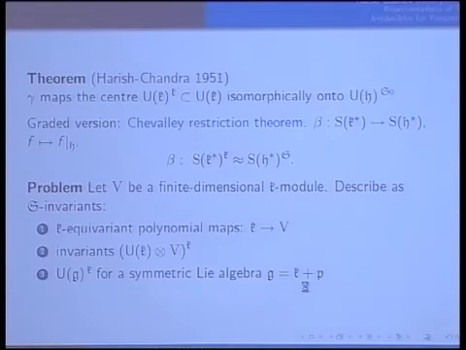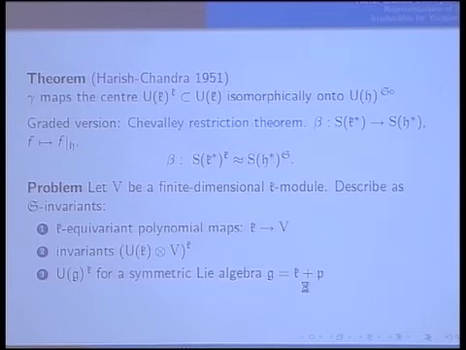The essential part of this theorem is actually the graded version, which is called the Chevalley restriction theorem, which says that once you restrict an invariant function on the Lie algebra to the Cartan subalgebra, you get a W-invariant function, and this is a bijection. Now I would like to look at an obvious generalization of the statement.